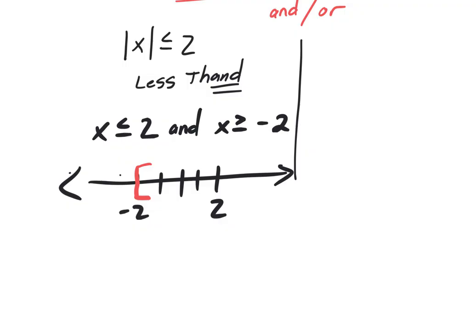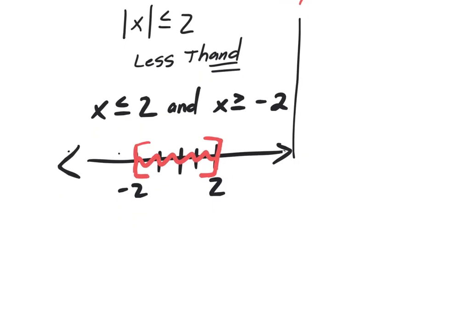X is less than or equal to is going to be a bracket opening to the left. And we're going to shade everything in between. So that's what my graph would look like.